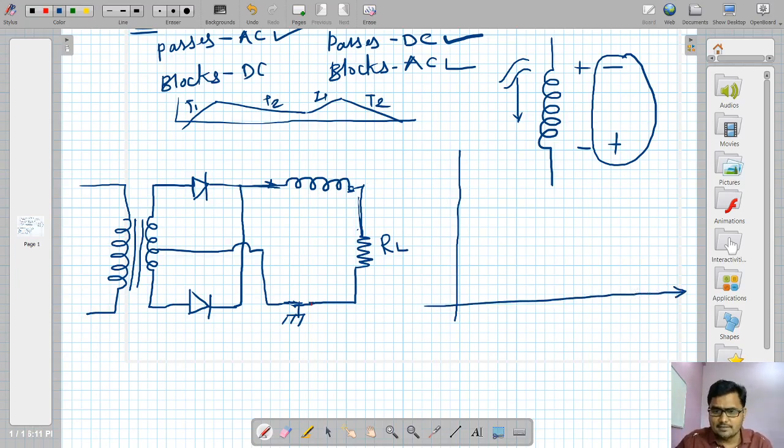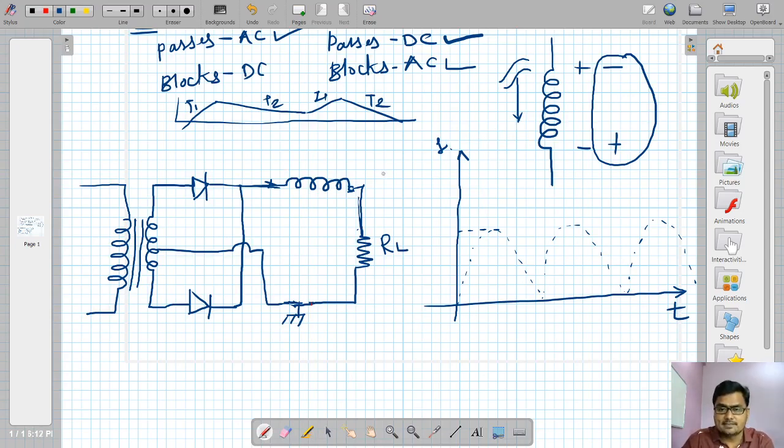Let me draw a dotted line to show the output voltage of the rectifier. Here I can say it is current. Current or voltage, no problem at all, both waveforms are the same.